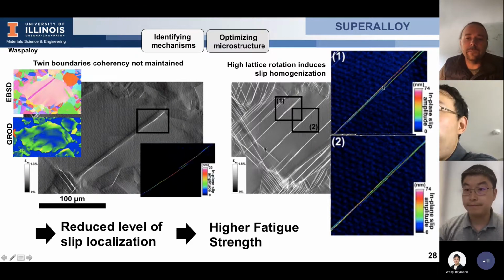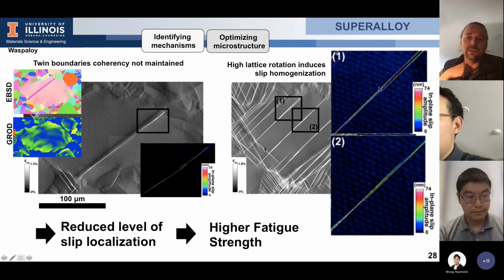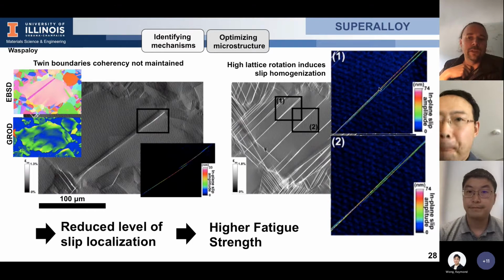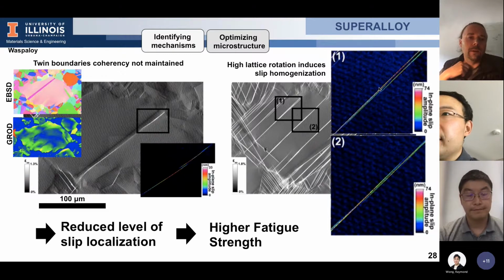So because you have immobile dislocation, you may activate cross slip in this specific location. It's difficult to say. It's a very good question, and we are still investigating that. We believe it's related to the change in resolved shear stress, but we will need calculation to really evaluate that. All right, thanks.